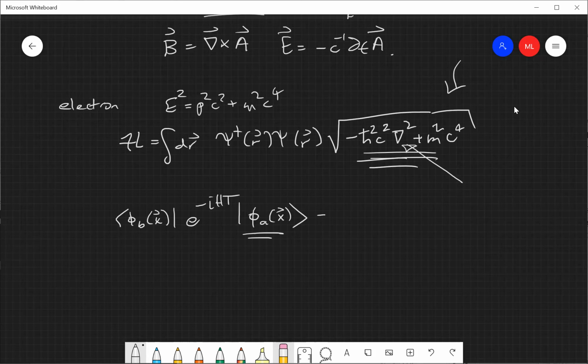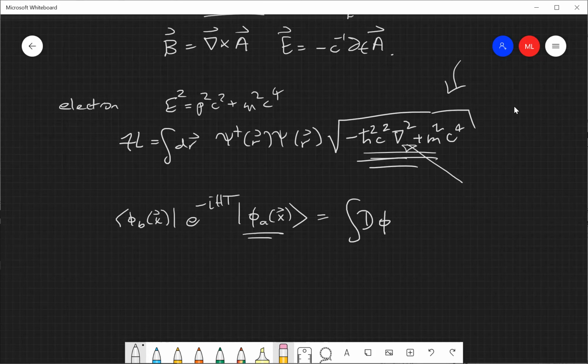And in terms of this, what is this equal to? This is equal to an integral over all field configurations, phi. Instead of integrating over all particle positions or whatnot, we now have to integrate over all possible fields. And the field is a function of the coordinates, so it'd be an integral over all functions of your coordinates.